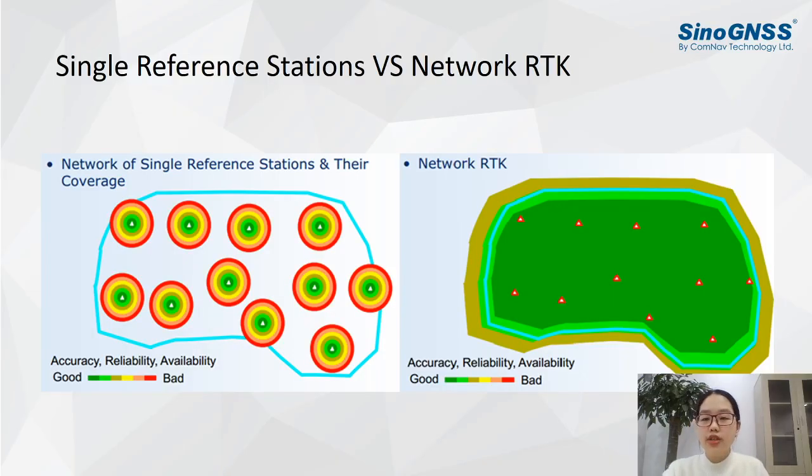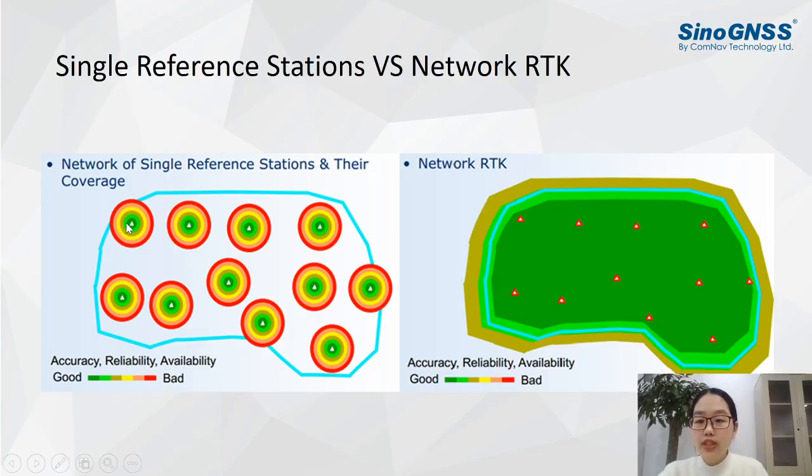Okay, firstly we see two pictures to compare the single reference station and the network RTK. The left picture is a single reference station. We can see this is the main station, and the accuracy is affected a lot by the distance from the station.